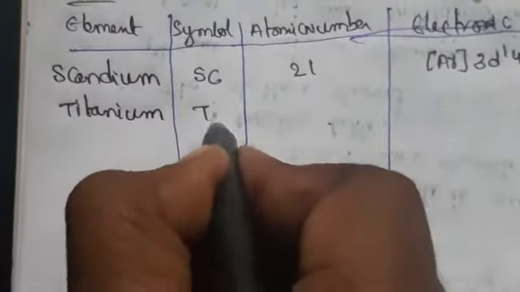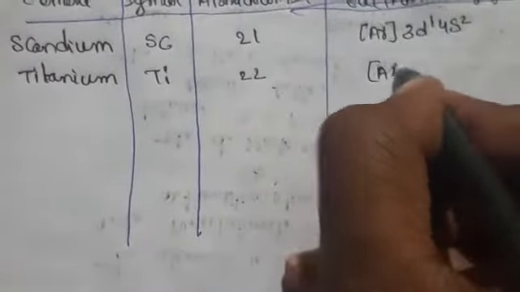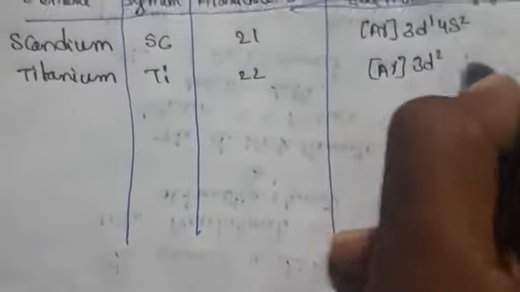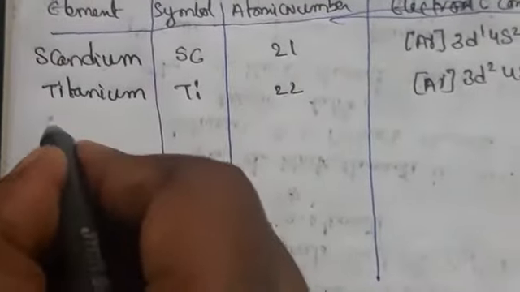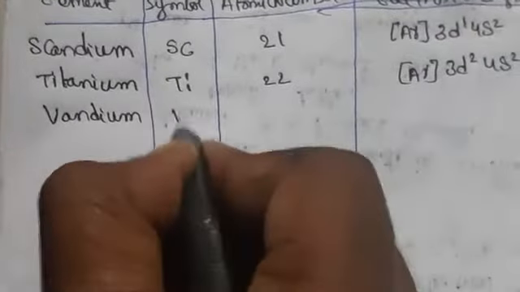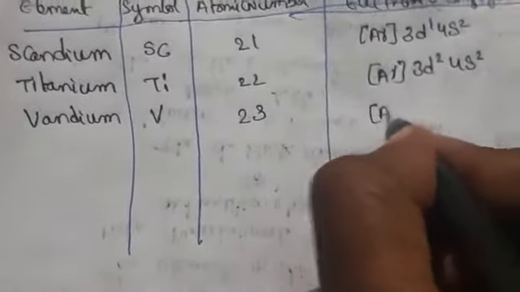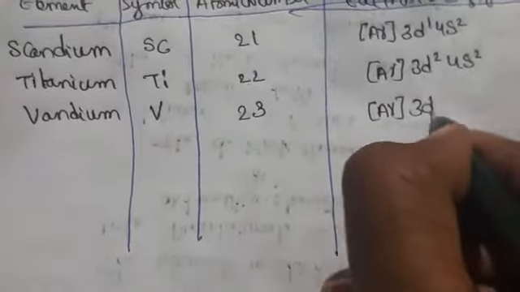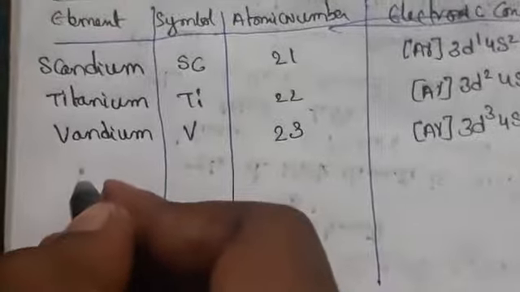Titanium has symbol Ti, atomic number 22, argon 3d2 4s2. Next vanadium. Symbol is V, atomic number 23, argon 3d3 4s2.